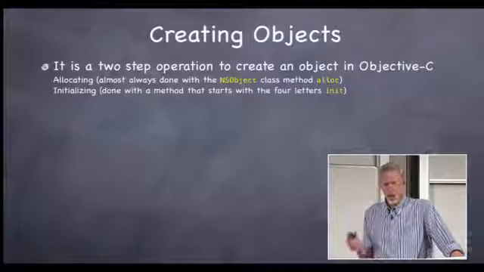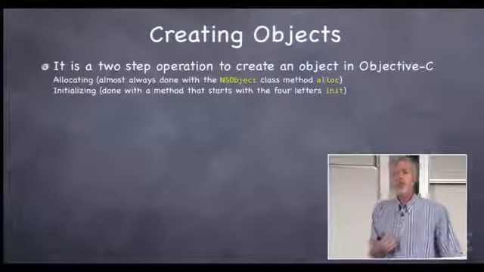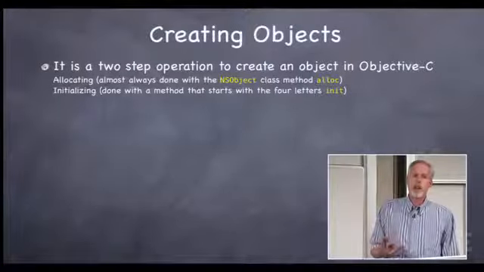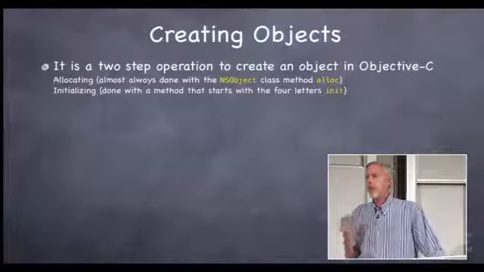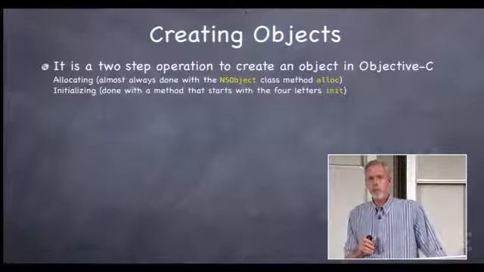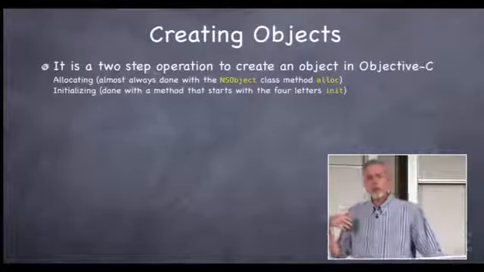But we'll start with creating objects. How do you create an object? You've already seen this because you created your calculator brain in your assignment number 1. You created it by doing this nested alloc init. Remember that. That's always the way we create new objects in the heap. Now, creating objects is different from asking some other object to make an object for us.